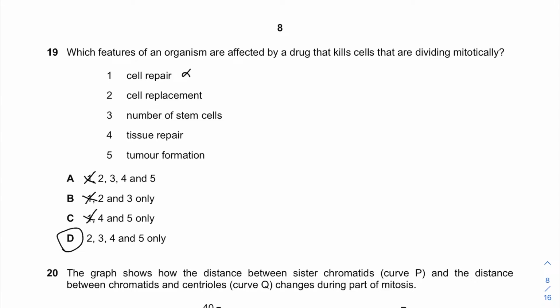Cell replacement, yes, we do replace cells with new cells created by mitosis. Stem cells are also created by mitosis as well. For tissue repair, you replace the damaged cells with new cells that are created through mitosis. And tumor formation is also caused by cells dividing through mitosis as well. But this is uncontrolled mitosis.